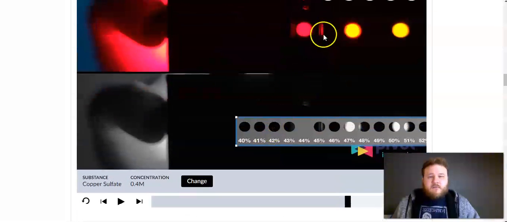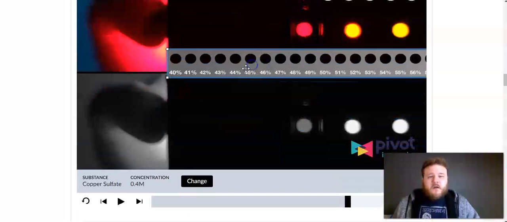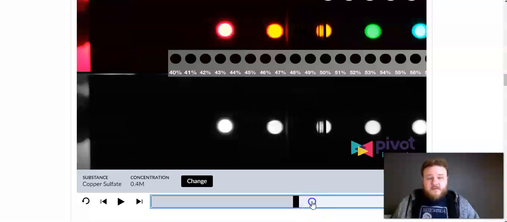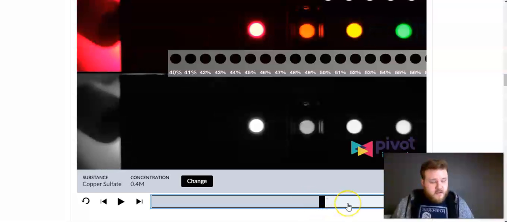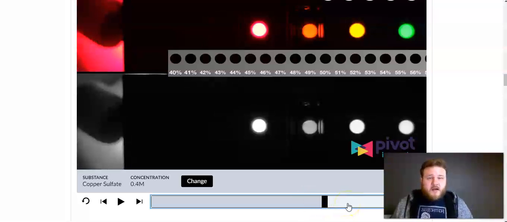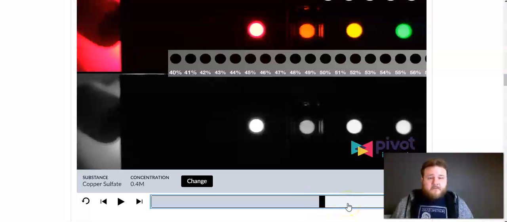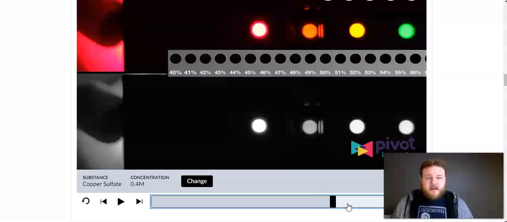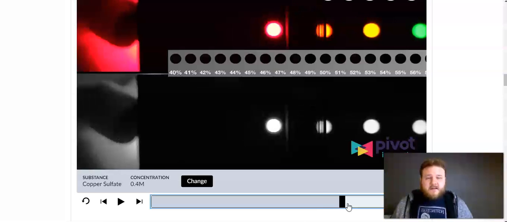When it's at red, one other thing that you should know for this video, you can move this scale to get to where you need to get to. I'm clicking the arrows on my keyboard, right? If I move the arrows back and forth, I can get to exactly where I need to get to on my video.